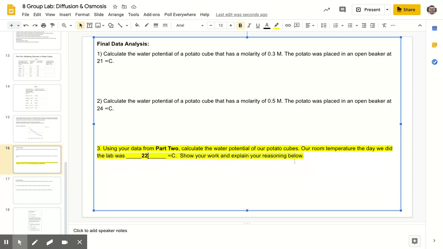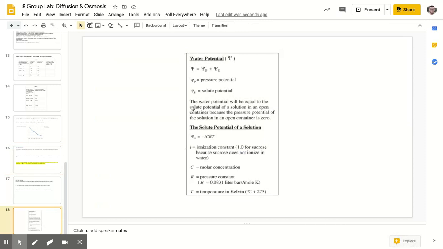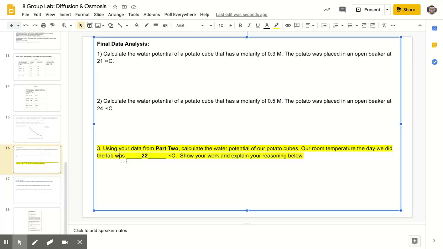So to do this, we have to think about how we calculate water potential. Water potential is pressure potential plus solute potential. For this experiment, this was done in just an open container, so we're going to assume that our pressure potential was zero bars, which means we still need to solve for solute potential.